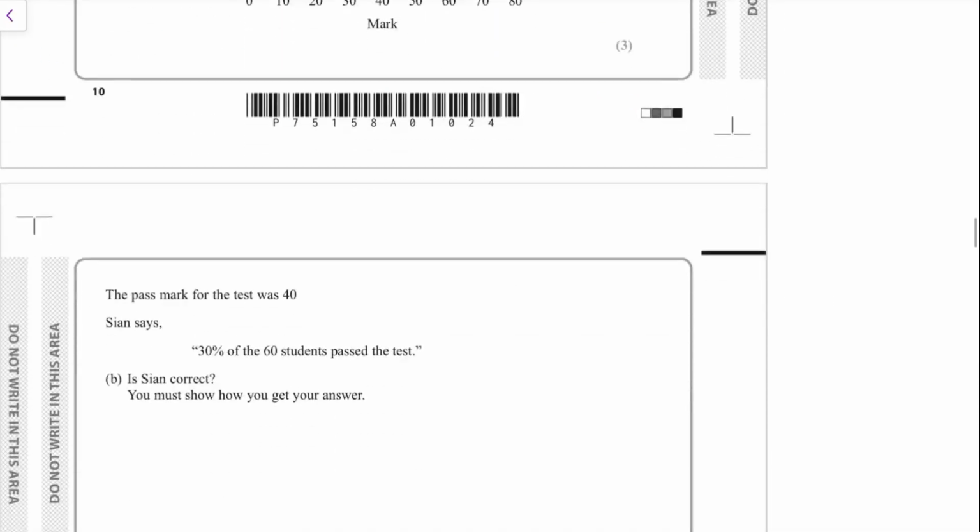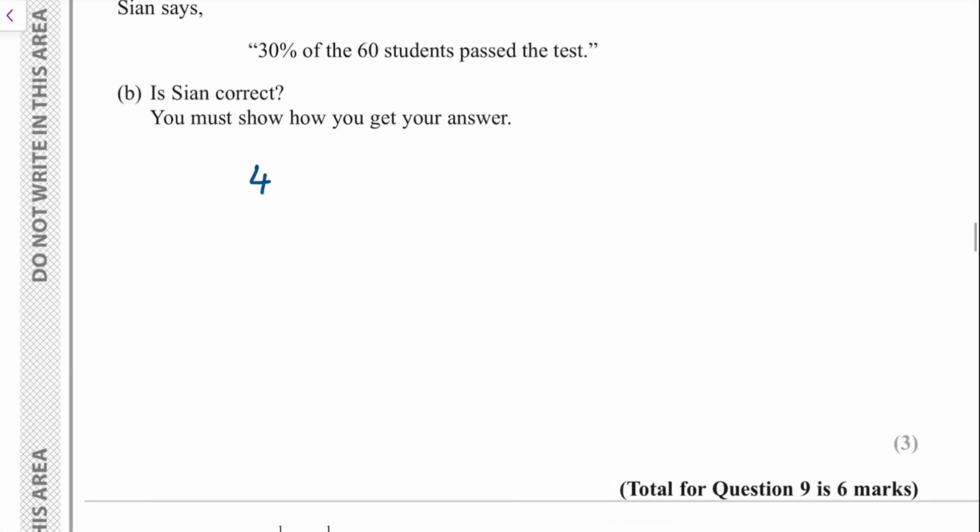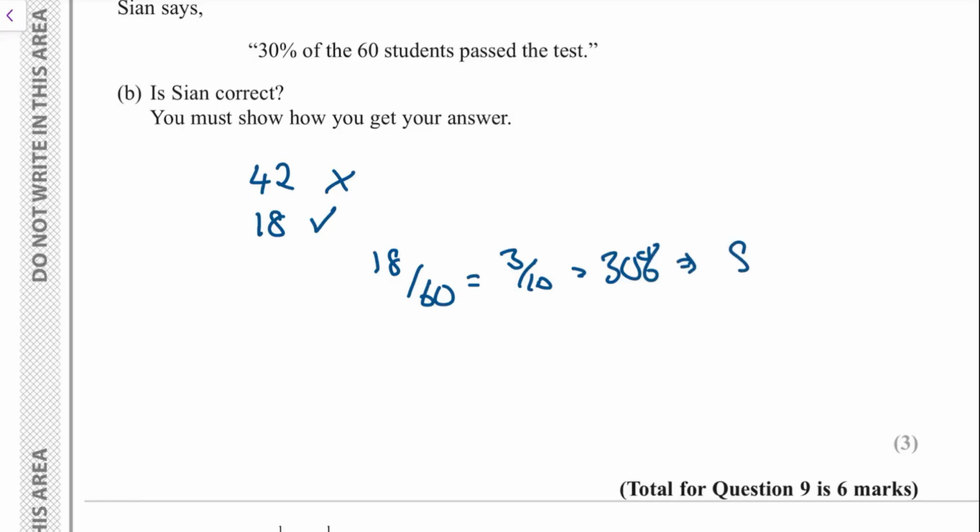So therefore 42 students have not passed, which means 18 students have passed. 18 over 60 is equal to, we'll divide by 6, 3 over 10, which is 30%, which implies Sean is correct. Excellent. That's not terrible.